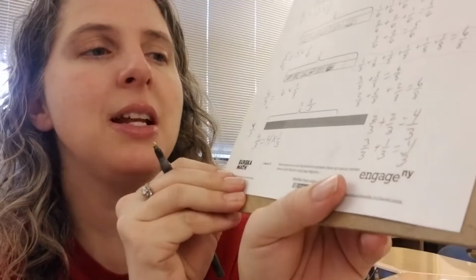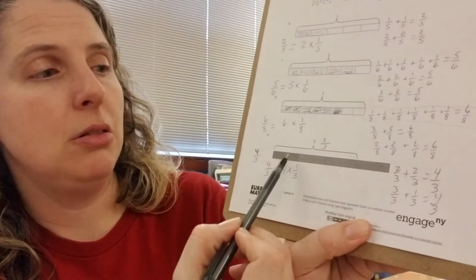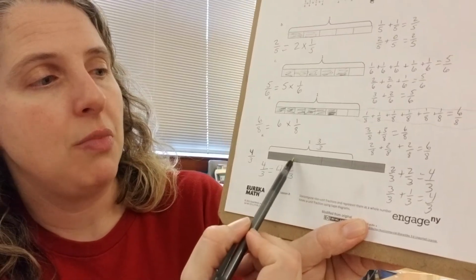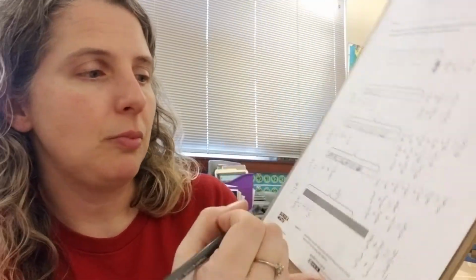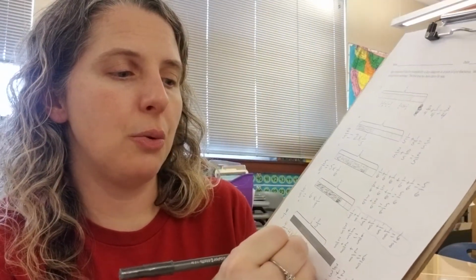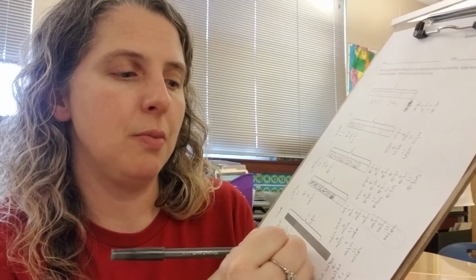Okay, now I'm going to do another one. This might get a little confusing, but it's okay. I want you to see it. I want you to practice it on Zern, and then when we get a little further with it, you'll know what to do. I can do multiplication plus multiplication. I can do multiplication plus addition if I want to. So I could say, hey, there's 3 thirds right here. So I could do 3 times 1/3.